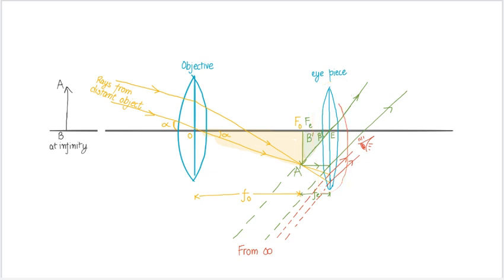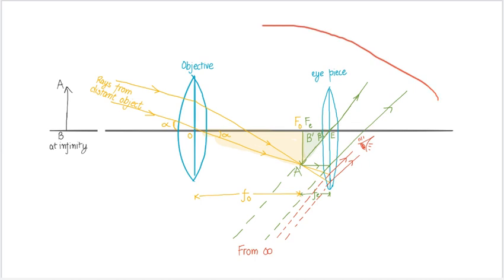Since this is the object for the eyepiece, this distance represents the object distance, and since it is placed at the focus of the eyepiece, this distance also represents the focal length of the eyepiece. Now this eyepiece will form the final image at infinity. So the object forms the final image at infinity, and the rays coming from infinity fall on our normal human eye.